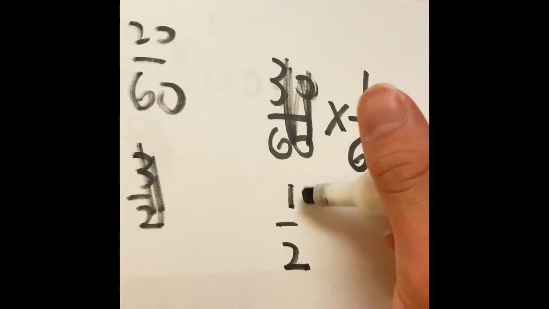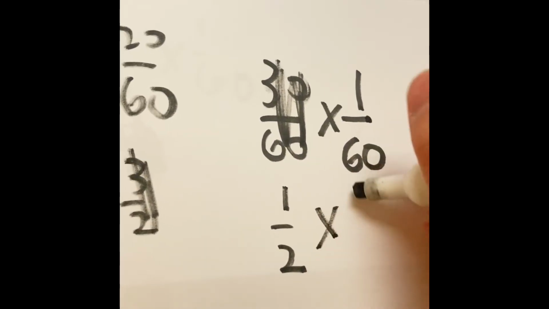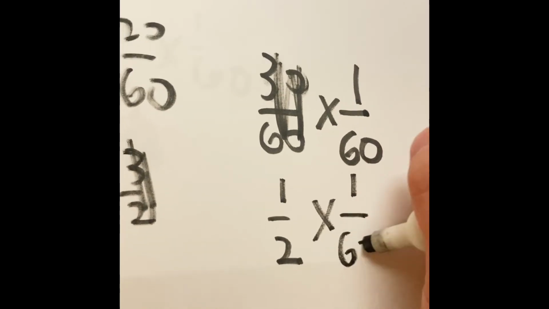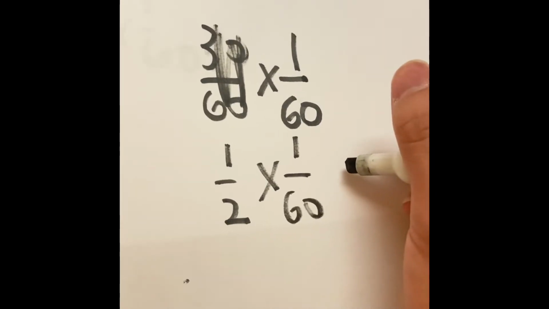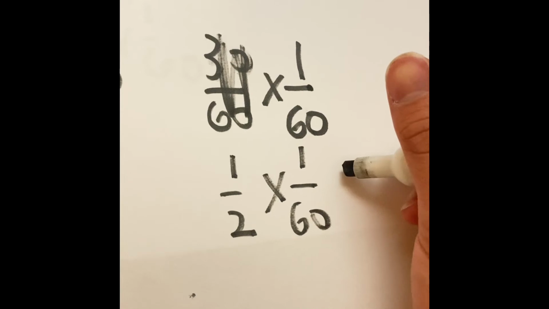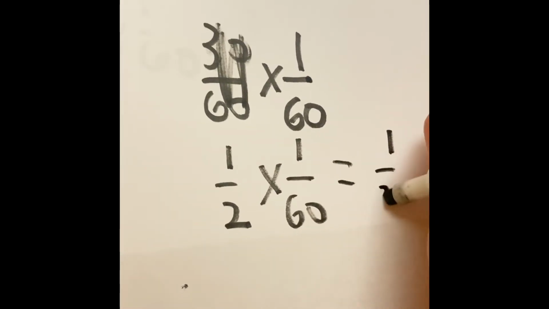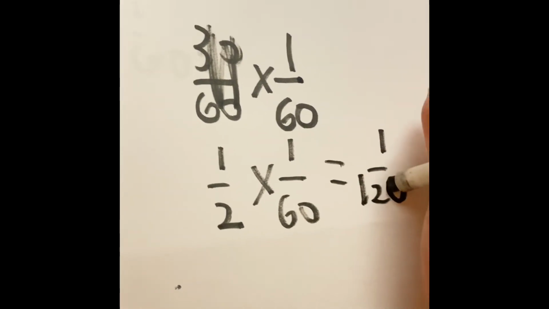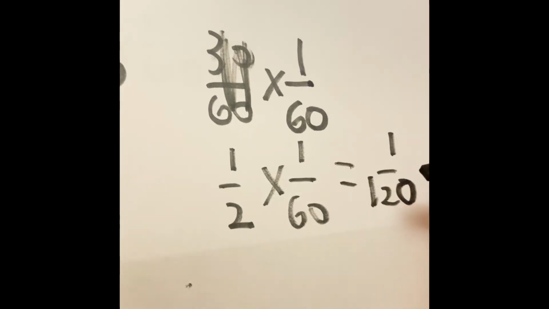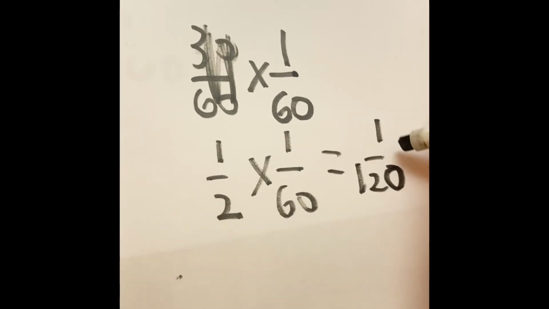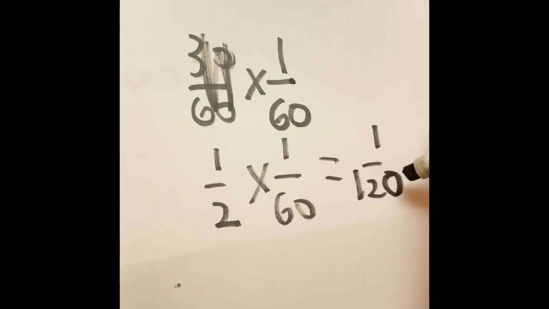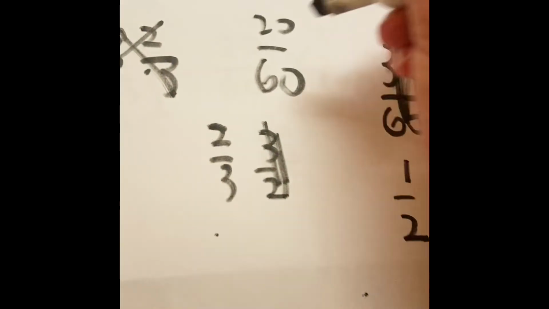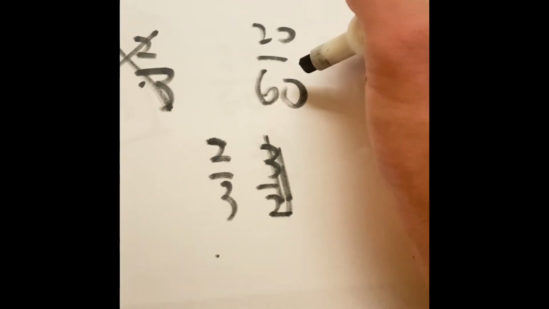So 1 over 2 times 1 minute is equal to 60 seconds. If we cross multiply, we're going to get an answer of 1 over 120. So now that is how many minutes there are added to the right here, the minutes conversion.